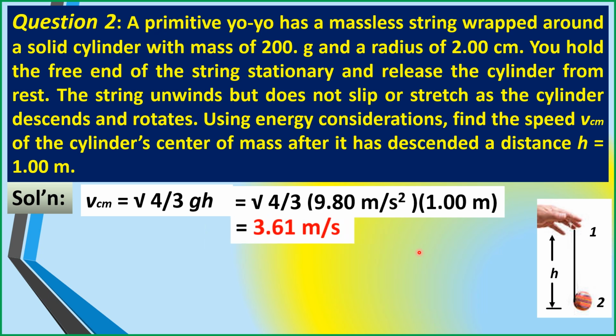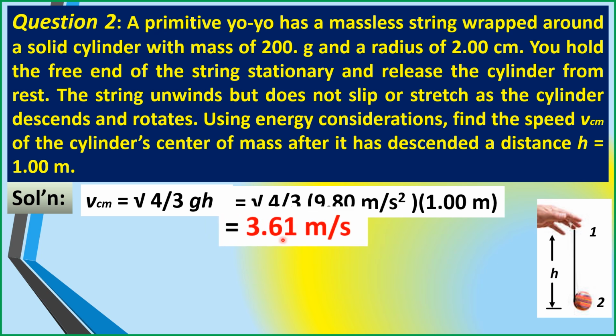In this situation, inasmuch as the object is undergoing translational as well as rotational motions, we say that part of the gravitational potential energy of the yo-yo that it has at the beginning, at point 1, is in fact converted to what we call rotational kinetic energy.